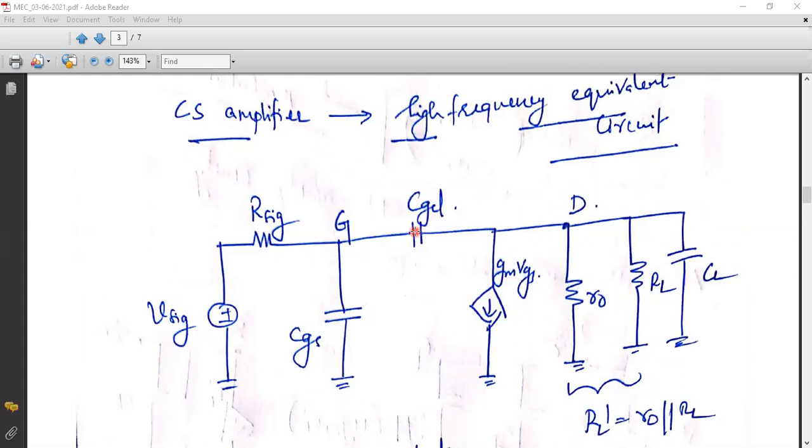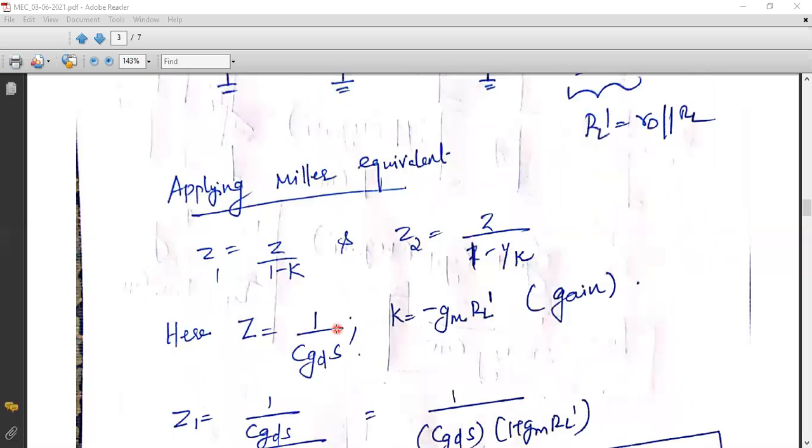What is the impedance of a capacitor? It is 1 by CS. You might have studied in network theory, right? Z is equal to 1 by CS. If it is an inductor, it is LS, isn't it? So in the S domain, we can write the impedance of a capacitance as 1 by CS. Here it is 1 by CGD S. So that is what our Z is.